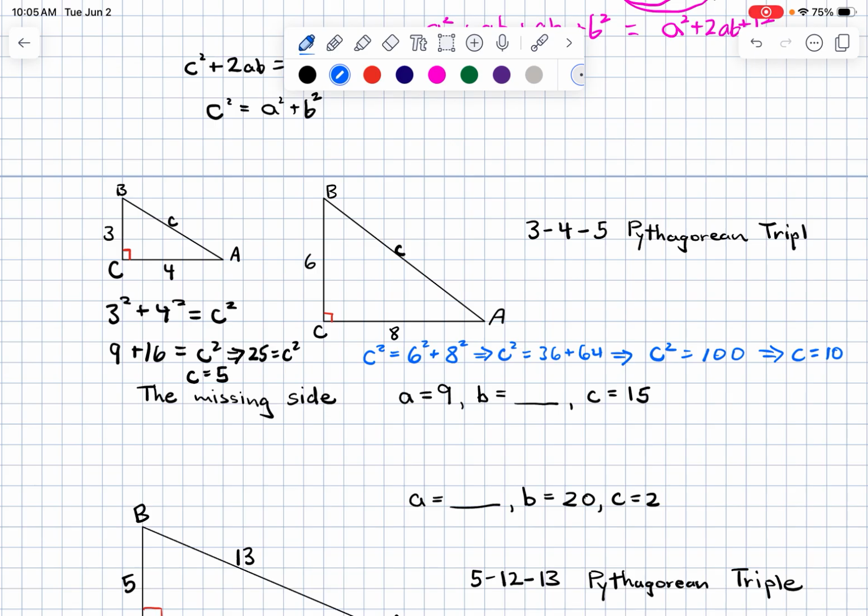Oh, that looks like part of a 3, 4, 5 because 3 times 3 is 9 and 3 times 5 is 15. So what about the b? Well, 3 times 4 is 12. It looks like we just multiplied everything by 3. 3 times 3 is 9. 4 times 3 is 12. And 5 times 3 is 15. Yeah, that's what we did.